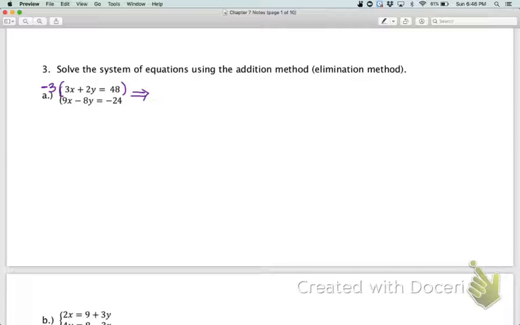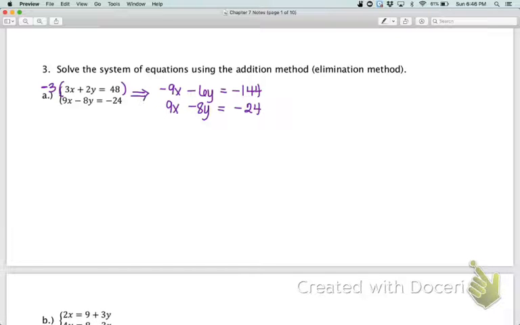The top equation becomes -9x minus 6y equals -144. And then we haven't done anything to the bottom equation because for this one we don't need to. So we're just going to recopy it. And that's -24. Okay, so we haven't changed it. This is still the same system. We've just multiplied by a factor of -3 in the top.